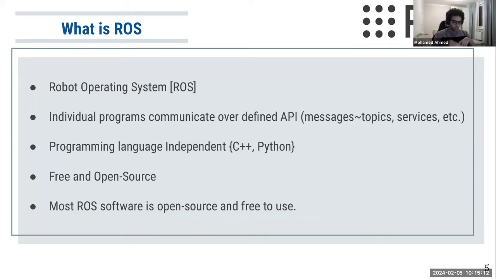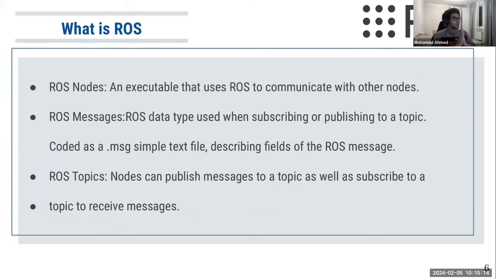It's okay. So ROS has nodes, messages, and topics. What is a node, what is a message, and what is a topic? As we said before, the node is a program, which can be C++ or Python. So why don't we call it a program or executable?